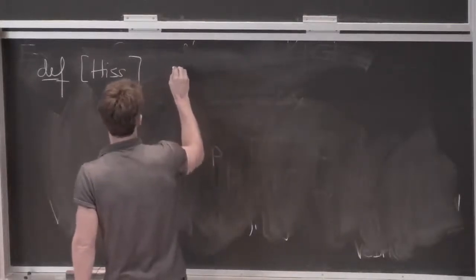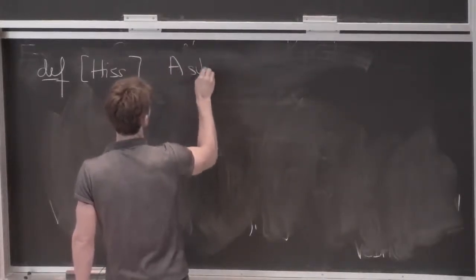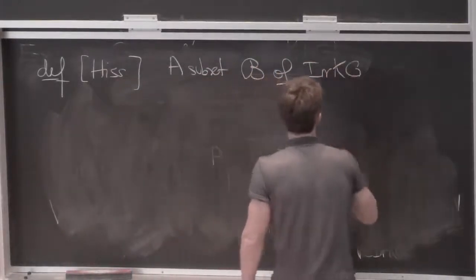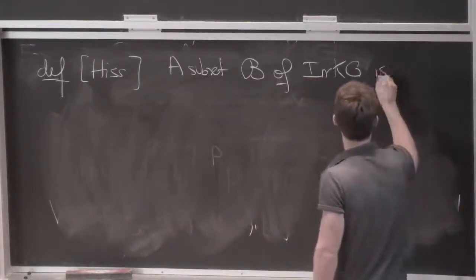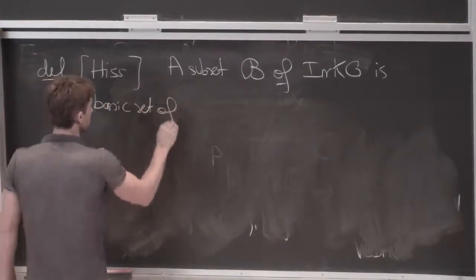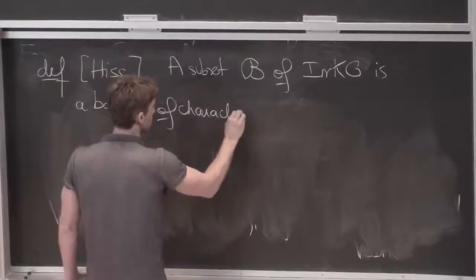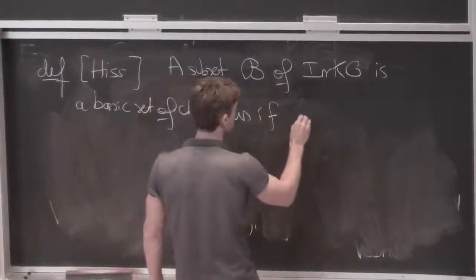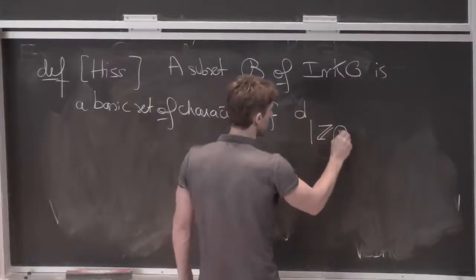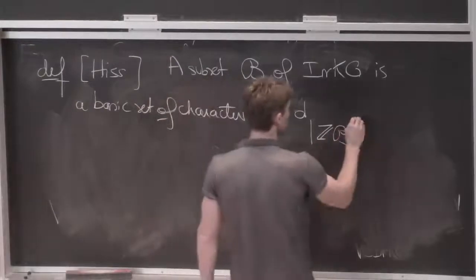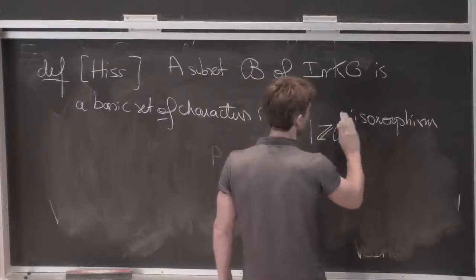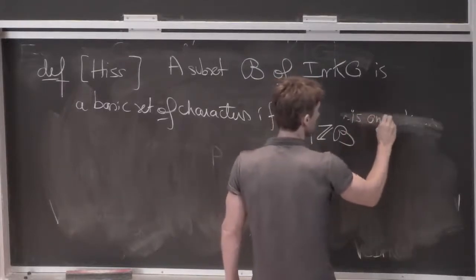A subset B of irreducible characters, or irreducible representations, in characteristic 0 is called a basic set of characters if, when you restrict D to the span of B, this is an isomorphism.